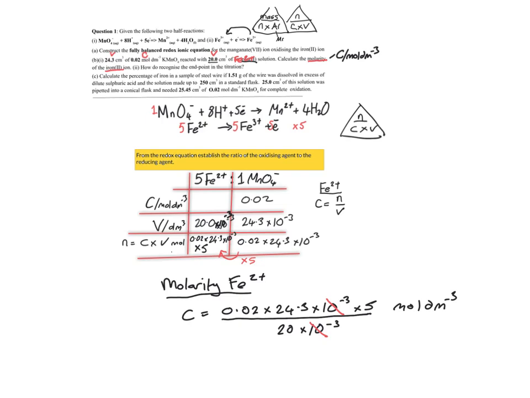So now we can go to our calculator. On my calculator, it comes out to 0.1215. Now, let's look at the greatest number of significant figures. And we can see here that's 3. So that would round up to the concentration being 0.122 moles per decimetre cubed.